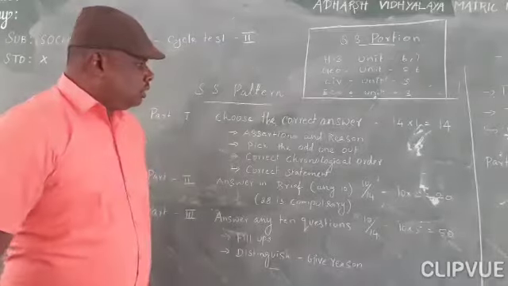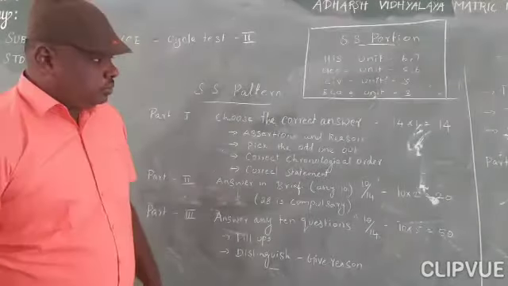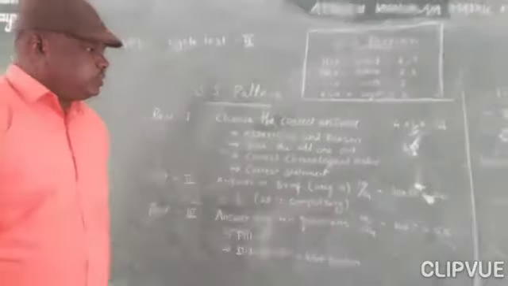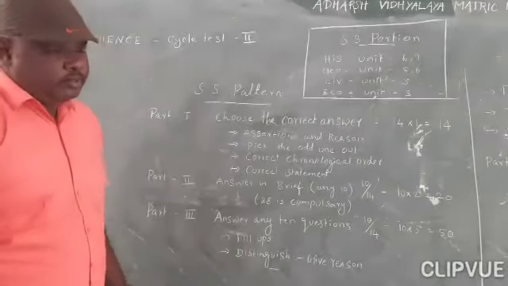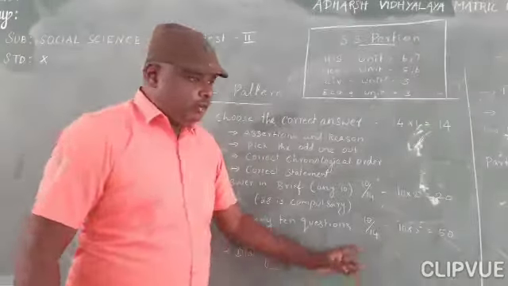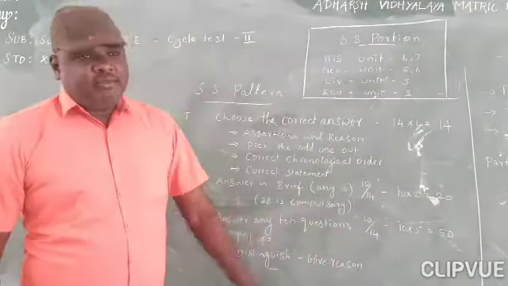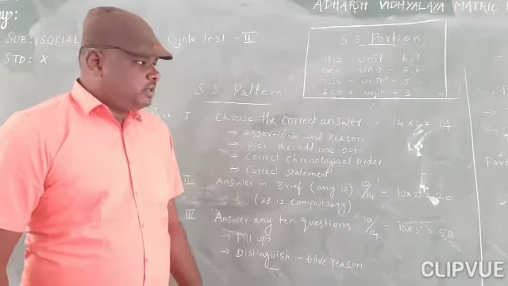See, we have 4 parts. Part 1, part 2, part 3 and part 4. Part 1 is called choose the best answer or choose the correct answer, part 2 is for brief questions, part 3 for paragraph, and part 4 is one big paragraph and geography map. We'll see one by one.